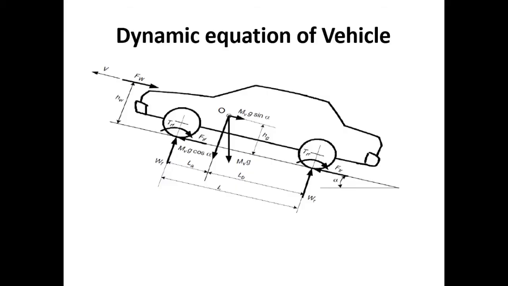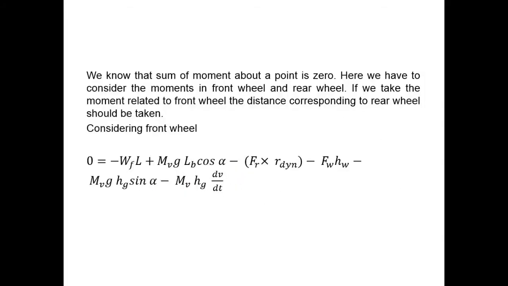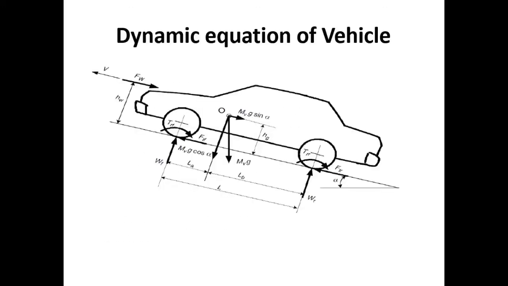So when we check this expression, it consists of 6 parts: Fw, Fa, Fg and Fr, four parts indicating the resistance or opposition, and the 2 parts Wf into L and MV g cos alpha into Lb.